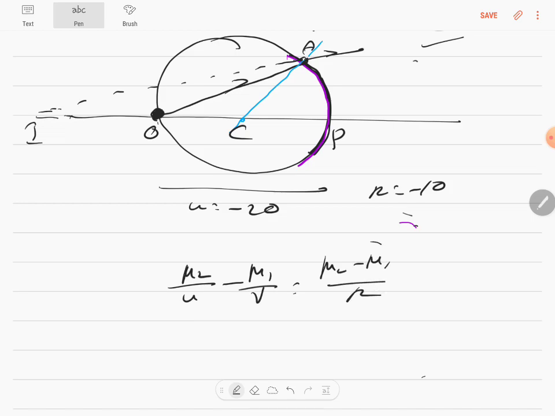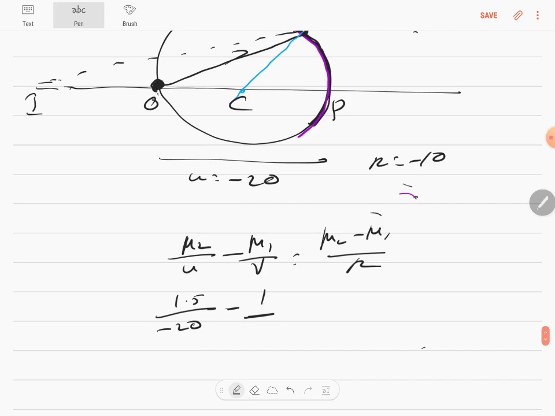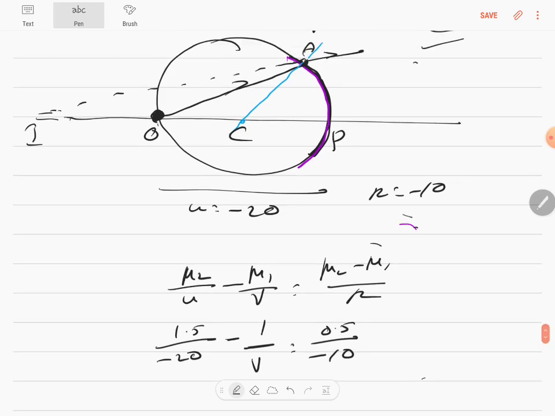Do you know everything? You know the refractive index is 1.5. You know the object distance is minus 20. Minus mu1, which is 1, the rarer medium, by v, which is what you're going to find out. So mu2 minus mu1 is 0.5 by r, which is minus 10. Unknown values, you can't substitute sign convention.